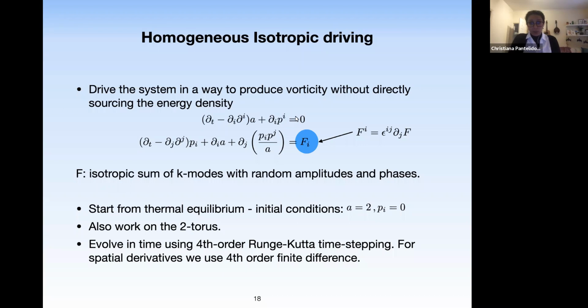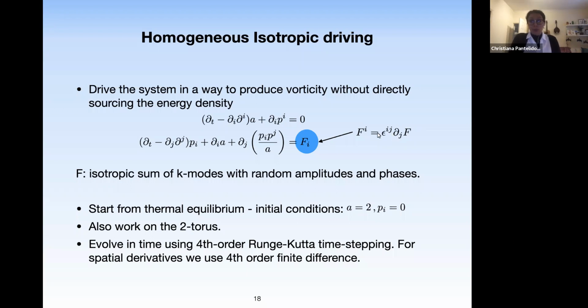So the time evolution of the energy density is the same as before, but the equation for the momentum picks up a forcing term on the right-hand side. And this F_i is constructed in this particular way. We have a scalar F, we take its gradient, and then we contract that with the antisymmetric tensor in 2 dimensions.